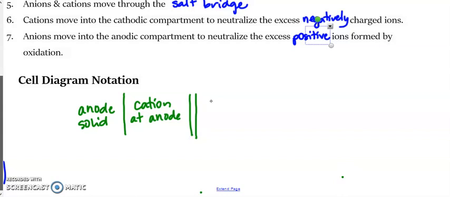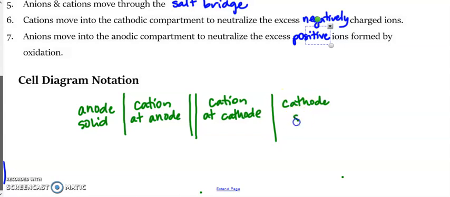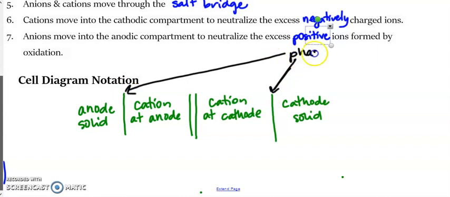And then it's going to be your cation at cathode, and then your cathode solid. All right, these lines here and here are indicating the phase boundaries.